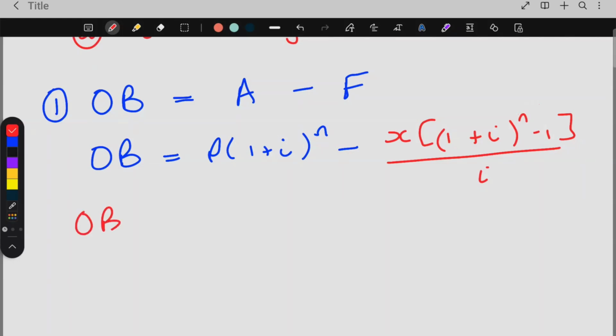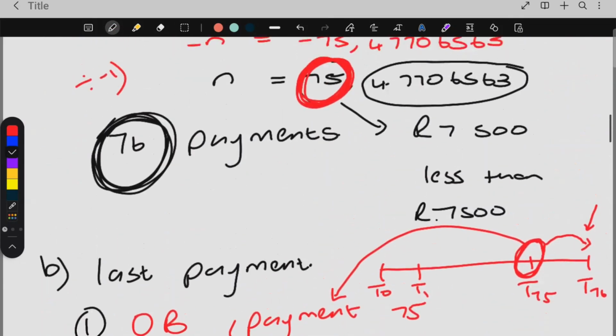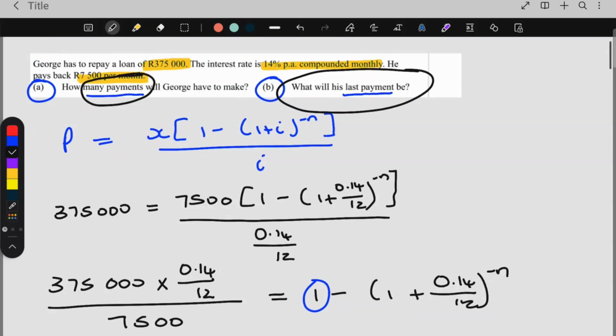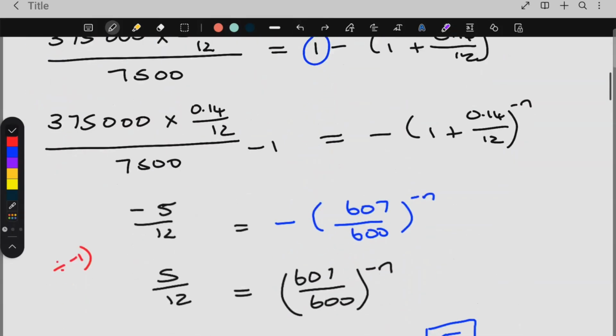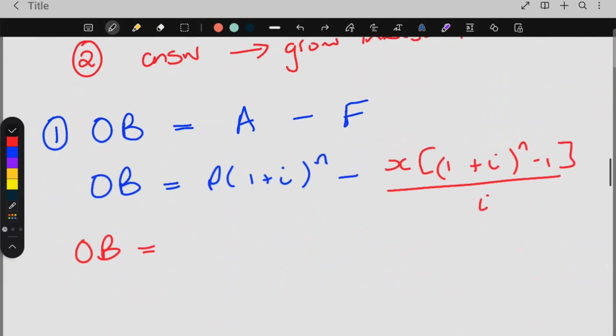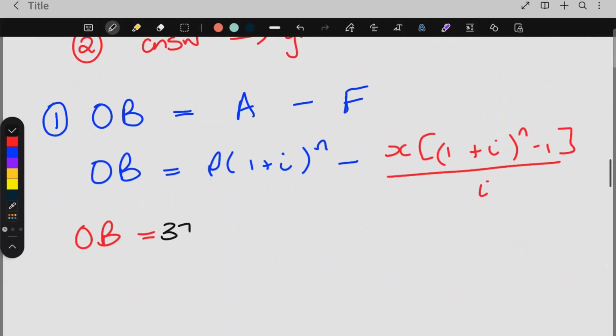So let's go. Outstanding balance is equal to the value of this loan. If you go up to your information, the value of this loan is this 375,000. So let's go. 375,000 times 1 plus our interest, which was 14%.